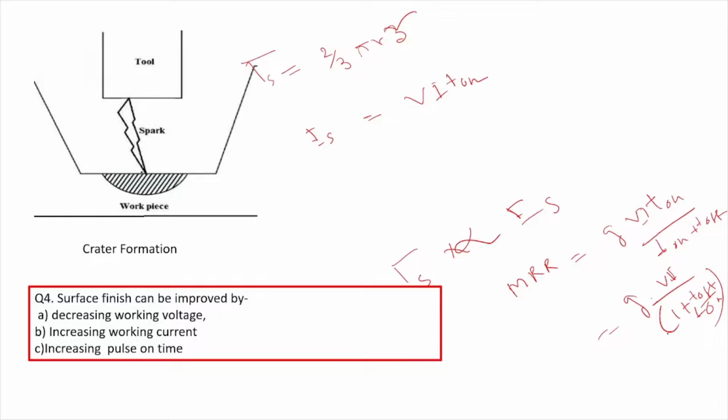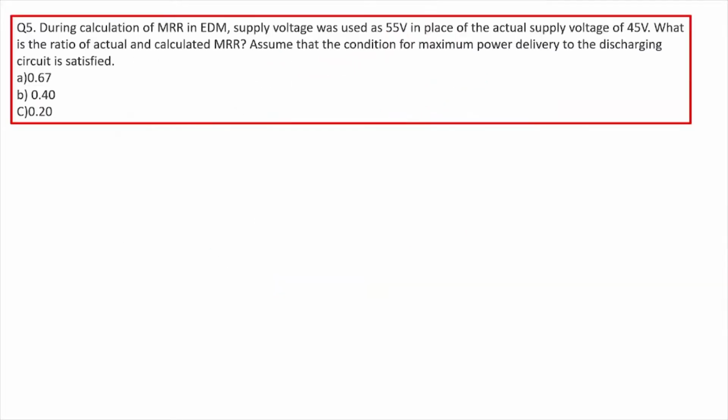Okay, if working voltage is increased, MRR will be increased, so surface finish will not be that good. Surface finish can only improve when the working voltage is decreased. Okay, so the correct answer is option A.